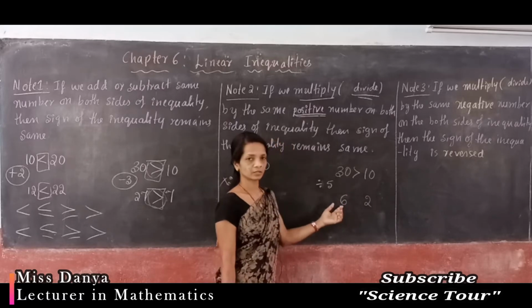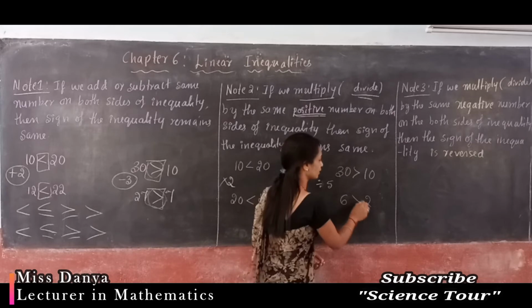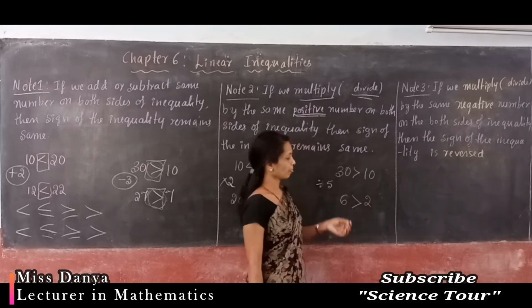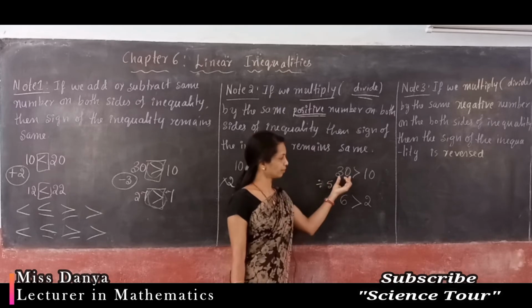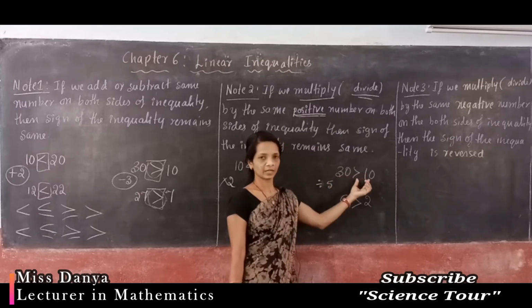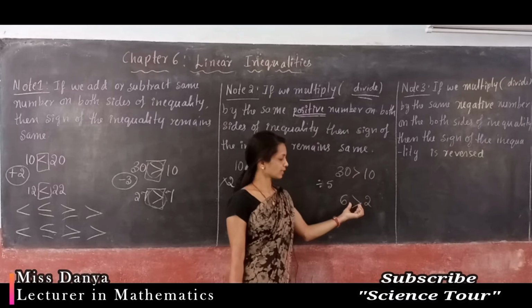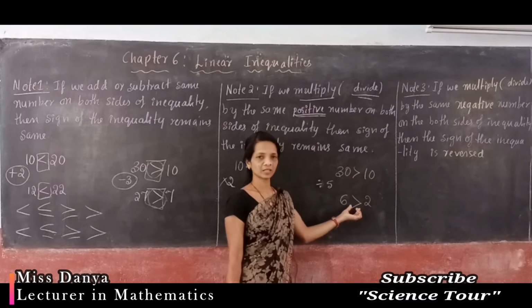Which is greater? 6 is greater, right? So which symbol can we use here? Greater than symbol. So if you divide by the same positive number on both sides of any inequality, then also the sign of the inequality remains the same.